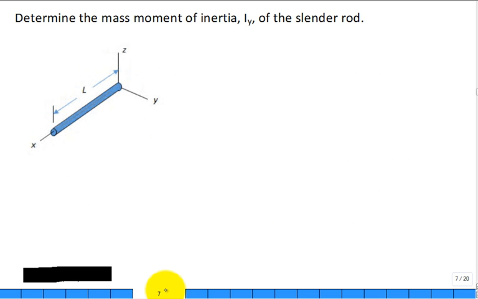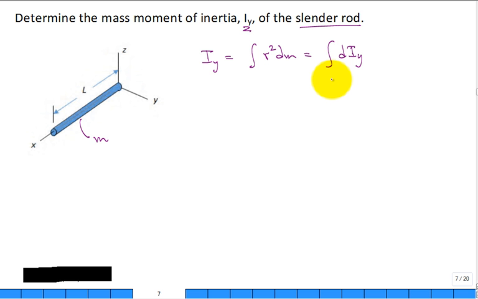Well, hopefully we have a good feel for what this property is that we're calculating and how it's used in dynamics the next class. Now let's go ahead and do the math. Determine the mass moment of inertia, I sub y, of that slender rod. Well, we're going to talk about it in terms of the mass of the rod, even though it's not shown. There's going to be some mass of the rod. And if I wanted to calculate I sub y, I could think about the integral of r squared dm, or just the integral of dIy.